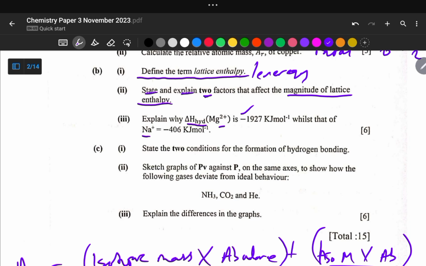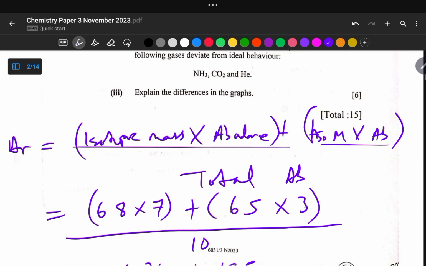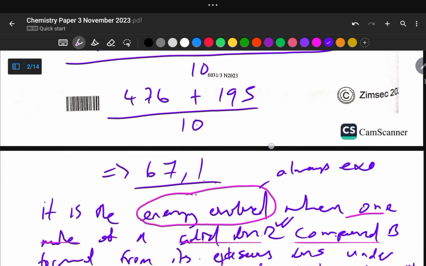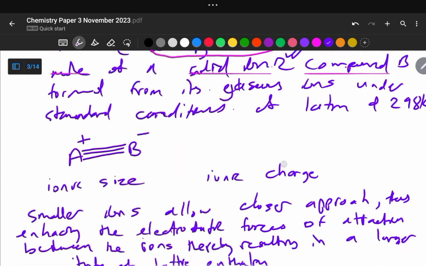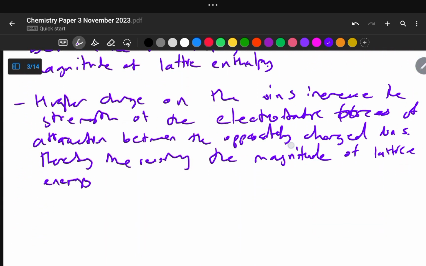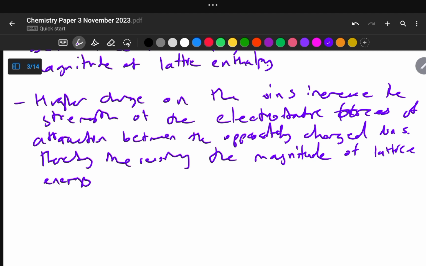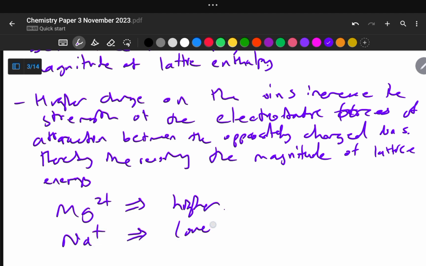It is defined as the heat evolved when one mole of a gaseous ion completely dissolves in water to form an infinitely dilute solution under standard conditions of 1 atm and 298 kelvins. So we have magnesium having a higher enthalpy of hydration, and the sodium ion having a lower one.